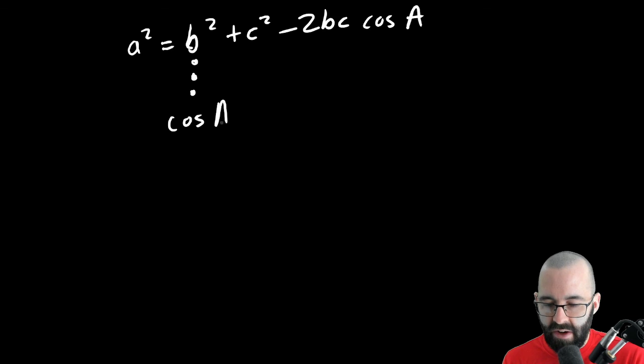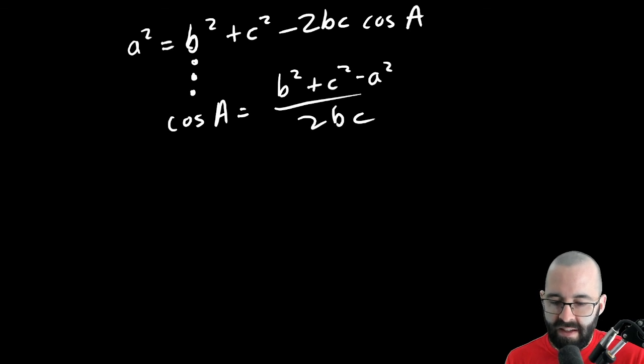If you do that, you're going to get the cosine of A is b squared plus c squared minus a squared divided by 2bc. This formula is more direct, but I think it's trickier to plug into your calculator, and less helpful for remembering. So I'm not recommending it, but it's an option.